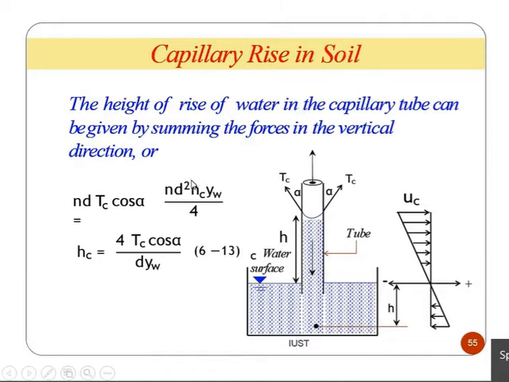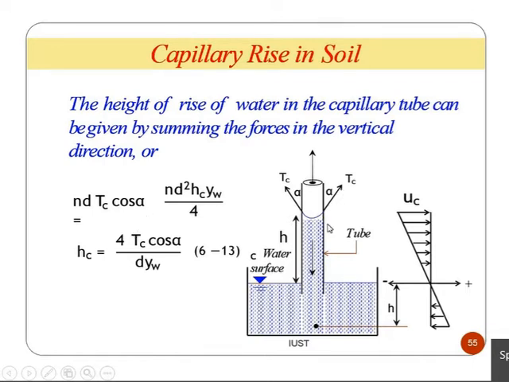That may be given by the formula: πd Tc cos α = (π d² / 4) hc γw, so hc, the height of capillary rise, is equal to 4 Tc cos α upon d γw. So that is the formula for finding the capillary rise.